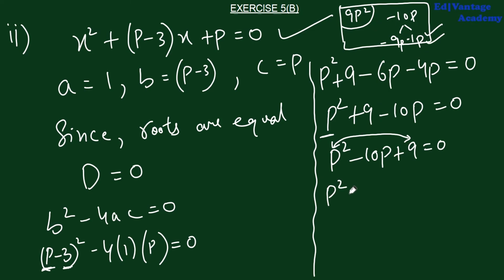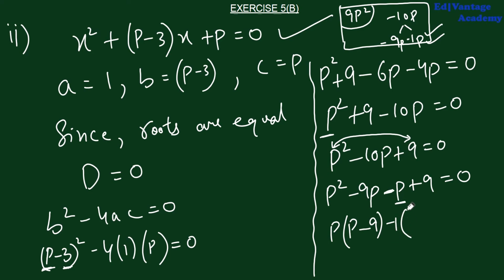So p square minus 9p minus 1p plus 9 is equal to 0. So I split minus 10 into two values. Now common between the first two terms is p. Here p is remaining and here 9 is remaining. What is here? Minus. And what is common between p and 9? Nothing. Nothing means 1 is common. Because both come in one table.